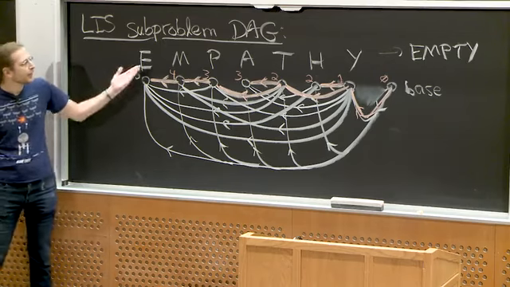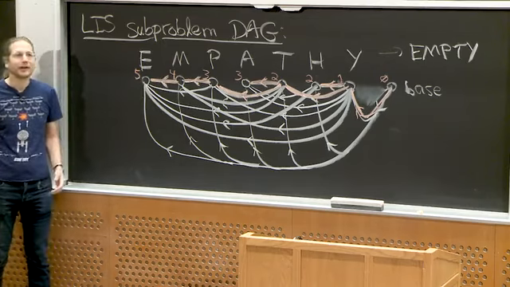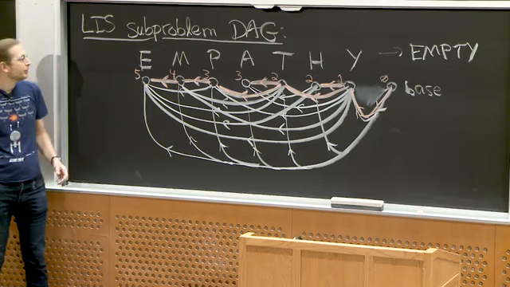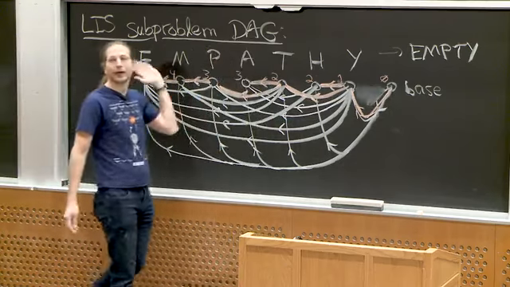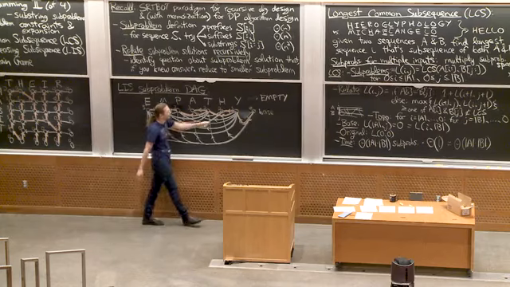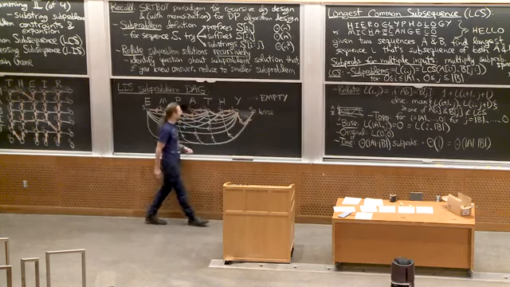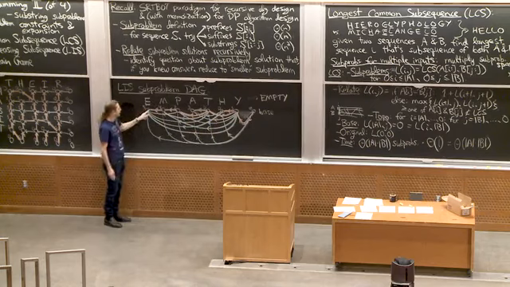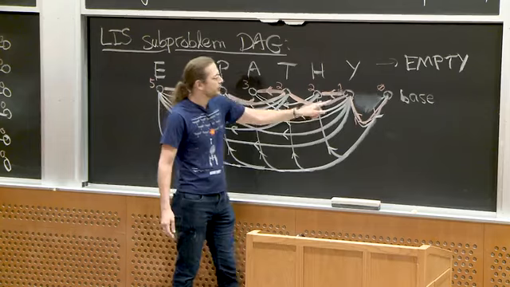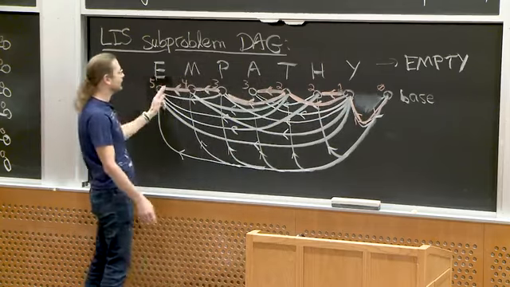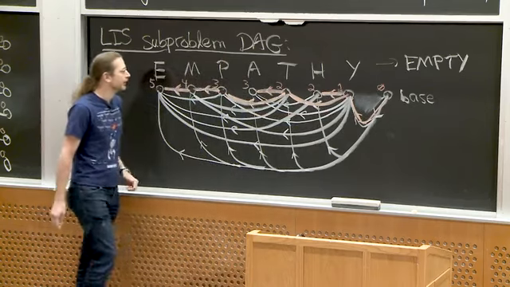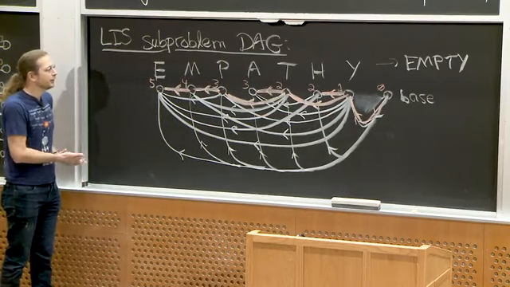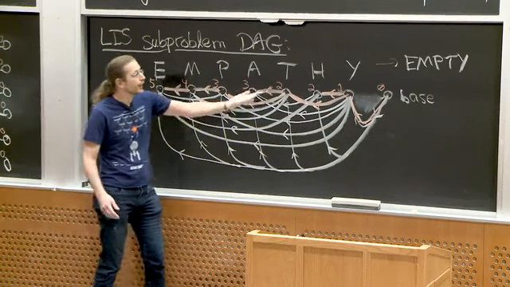So if you just put -1 on all these edges and ask for the shortest path from the base to anywhere, so single source shortest paths from this base, then we would end up getting this path, which if you look at it is EMPTY, empty. And so that shortest path is indeed the right answer. What I've drawn here is the shortest path tree.